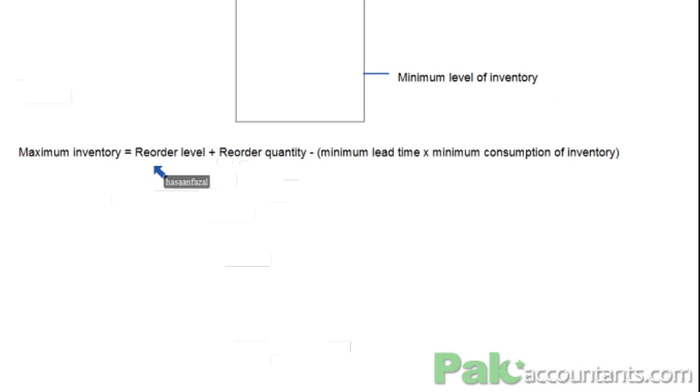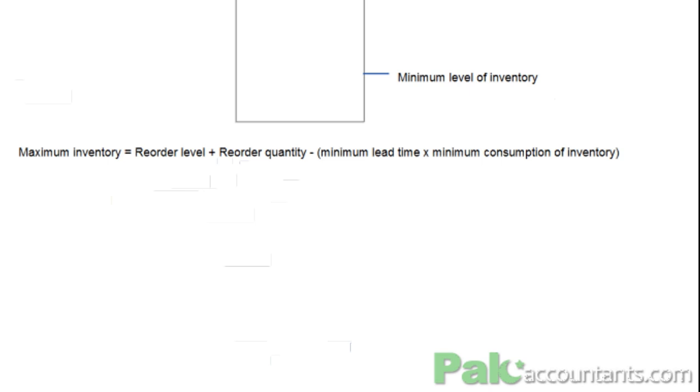If you add this up, your inventory must not be more than this amount. If you are going to buy more than this, there is no point in buying it. So your inventory must not exceed this level.